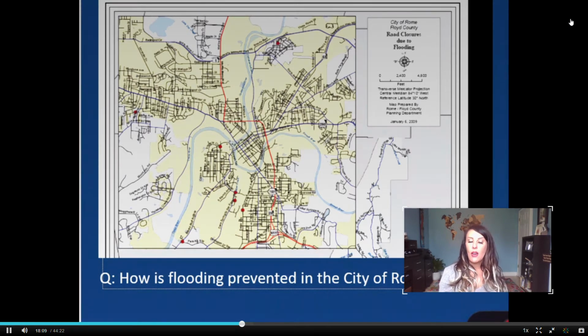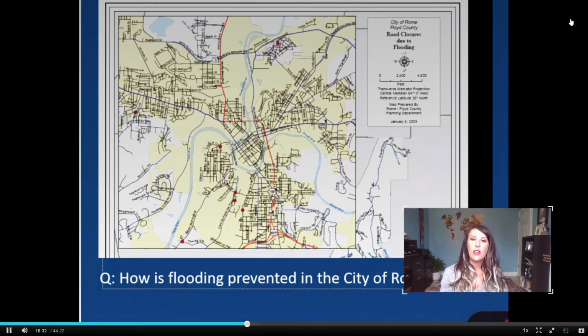The Coosa River flows to Alabama, of course. And so you notice that a lot of the downtown area is built in the floodplain. The floodplain is the area that's adjacent to these river systems. And in the city of Rome, that was established in the 1800s, it made a lot of sense because they used the rivers for transport of cotton.